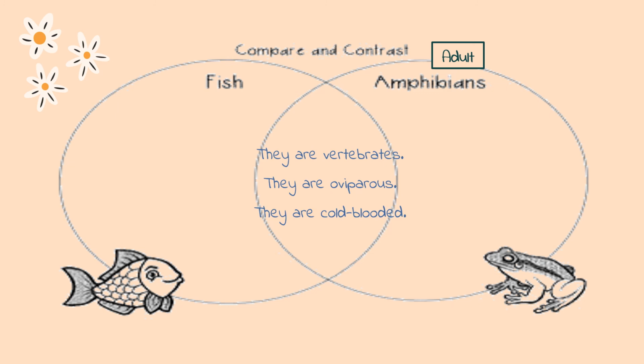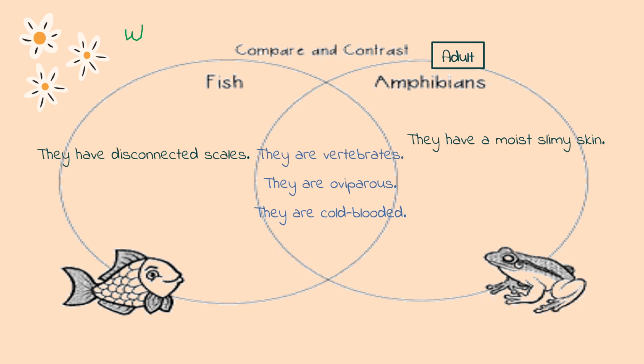What about differences? Fish have disconnected scales, while, don't forget this word, while adult amphibians have a moist, slimy, shiny skin.